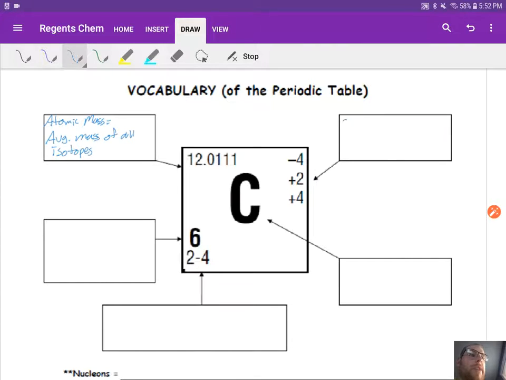Over here on the right, we have these things called oxidation numbers. We will talk more about these later on this school year; we'll use them quite a bit. These are possible charges an atom of an element can have.